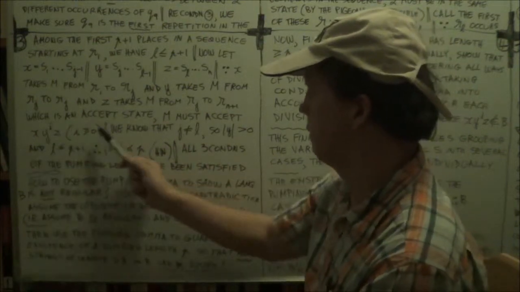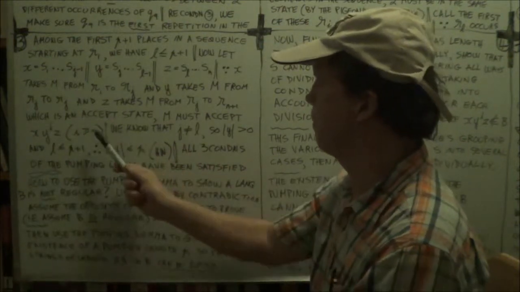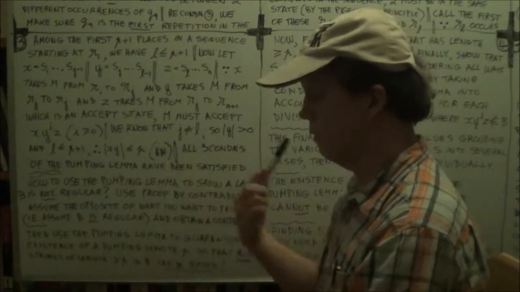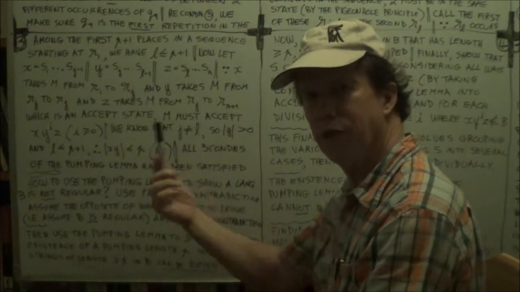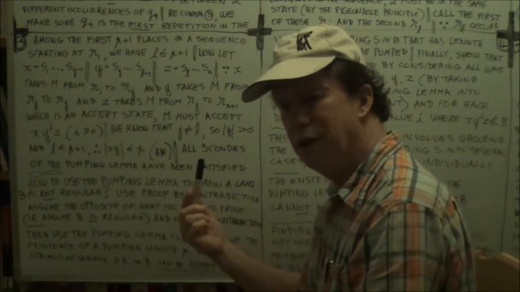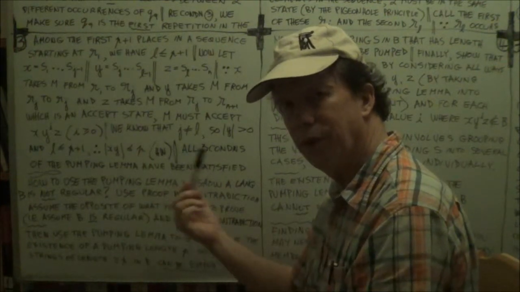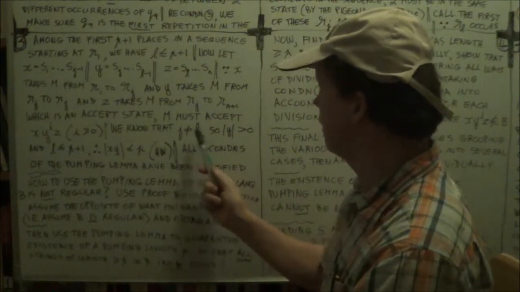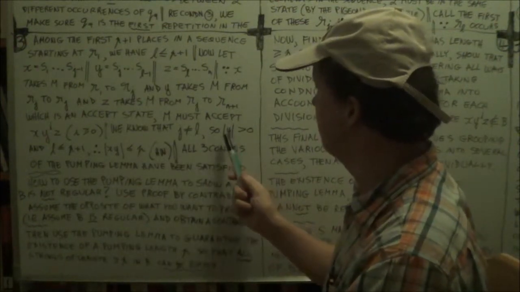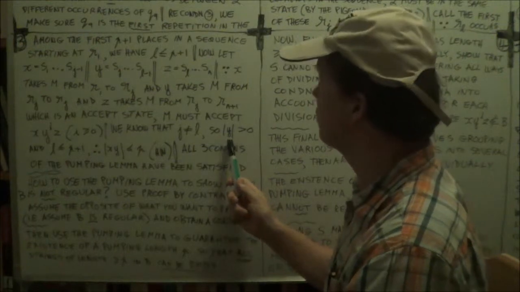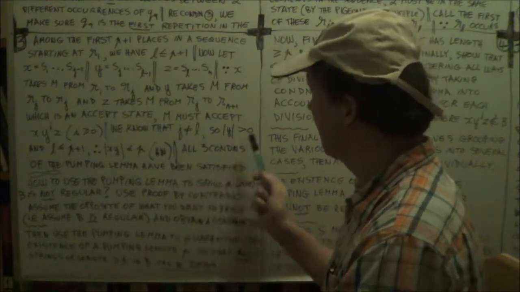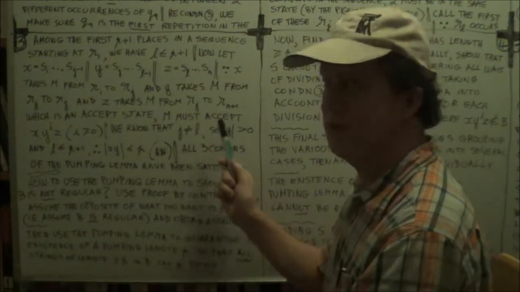Now that's condition 1 satisfied. Now, J is not equal to L because L occurs further on, at least one input symbol further than where J occurs. So J is not equal to L, and therefore the size of the input string y must be positive. Convince yourself of that. That's what Sipser claims.